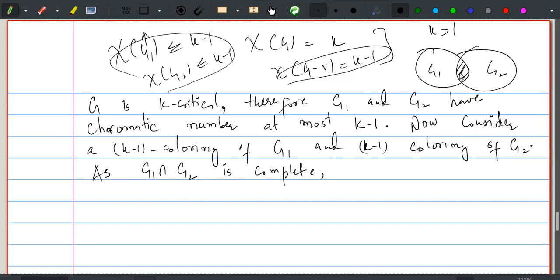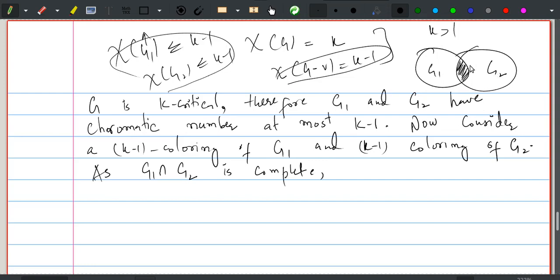So in this overlap, when we consider these vertices as the vertices of G1, they may have one coloring, but if we consider these vertices as the vertices of G2, we may have a different coloring.